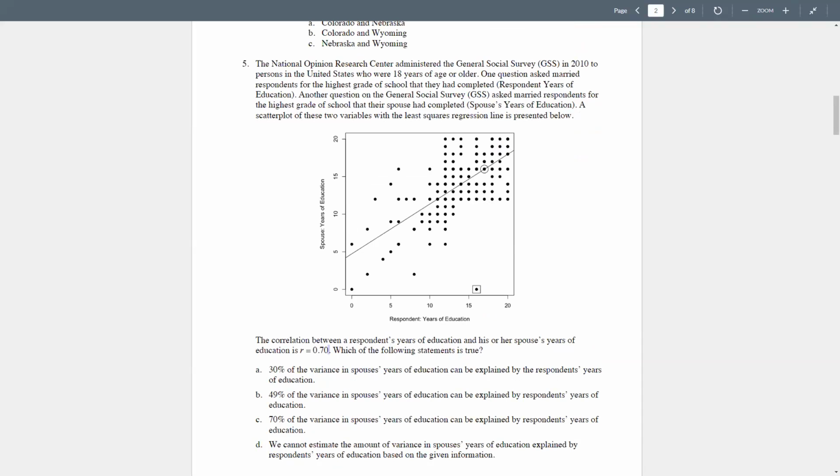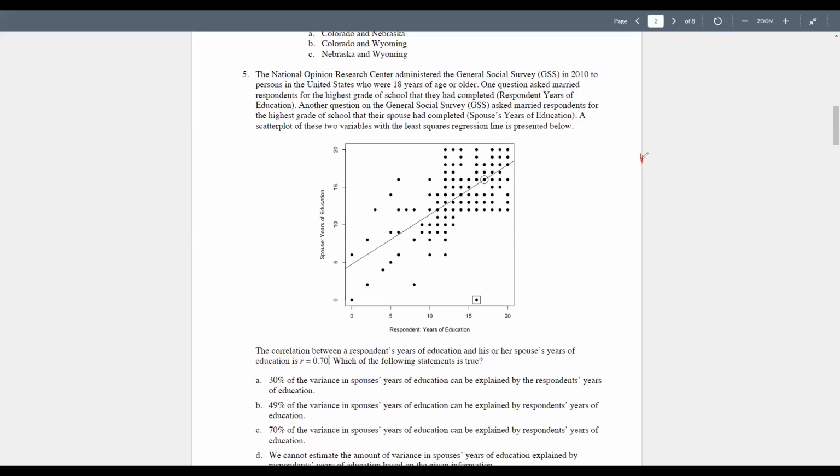This is what happened. If you remember back in the days when we used to do something called the coefficient of determination, R square. I think it's chapter 4. That's the one that tells about the variation that's explained.